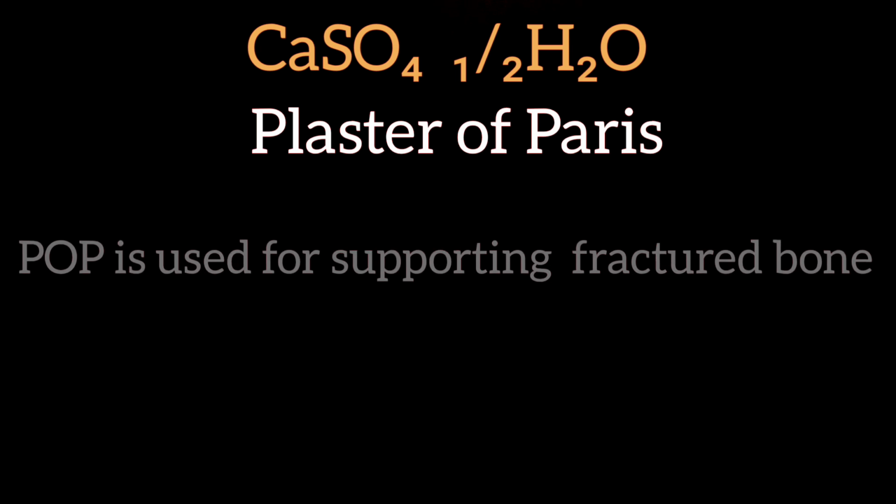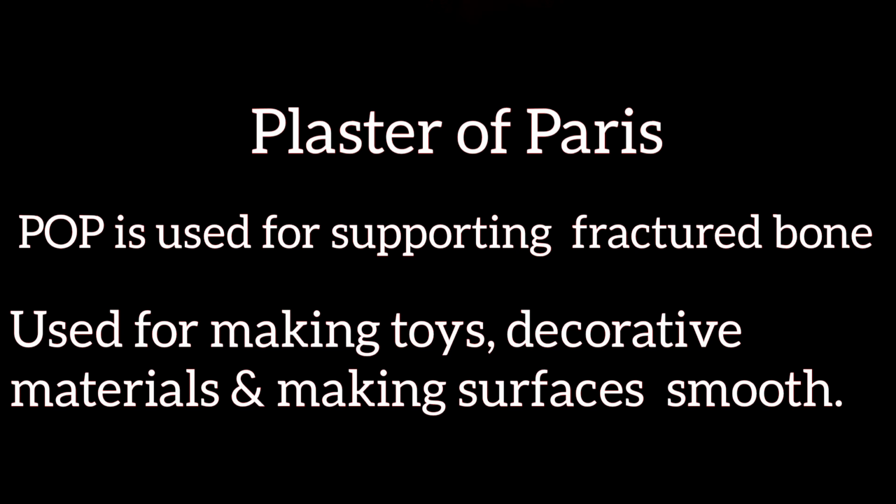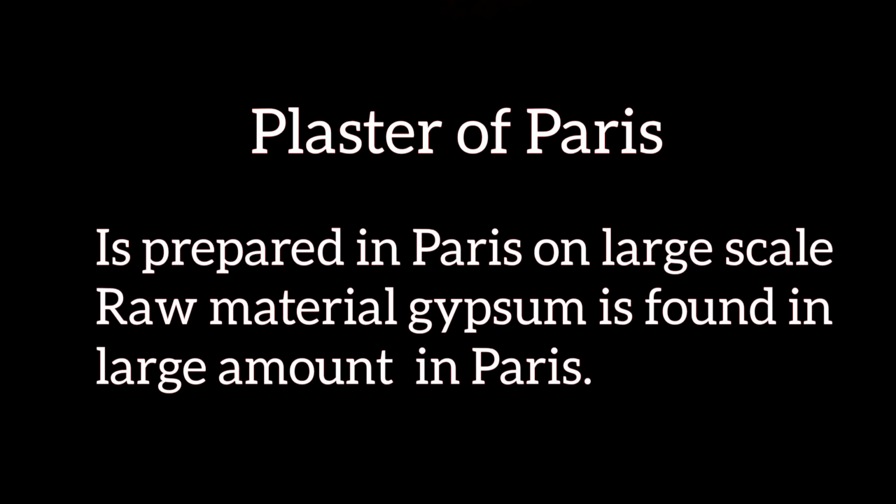POP is used for supporting fractured bone in the right position. POP is also used for making toys, decorative materials, and for making surfaces smooth before painting. Calcium sulfate hemihydrate is called plaster of Paris as it is prepared in Paris on large scale because gypsum is found in large amount here.